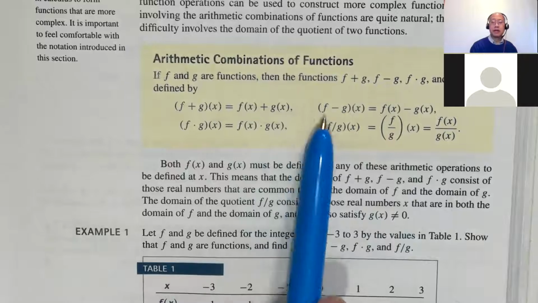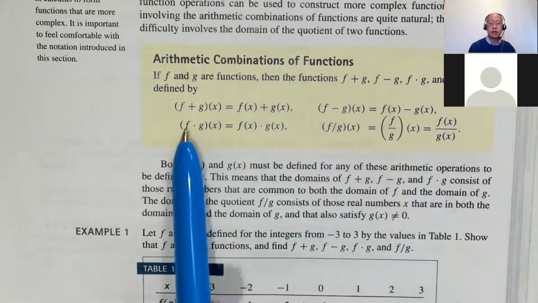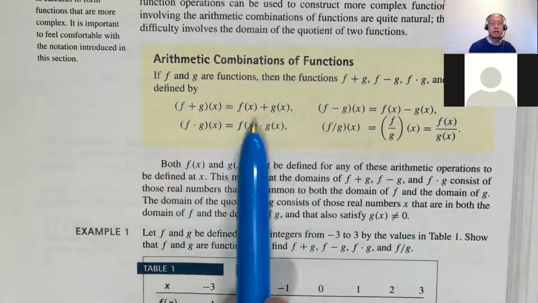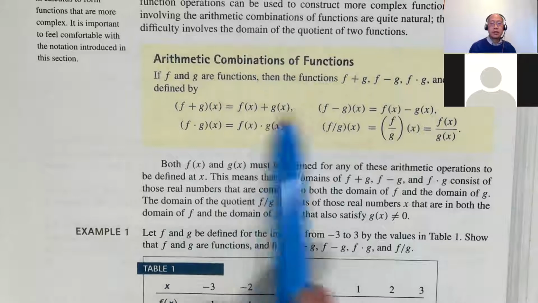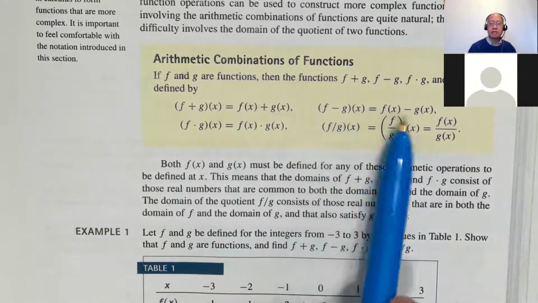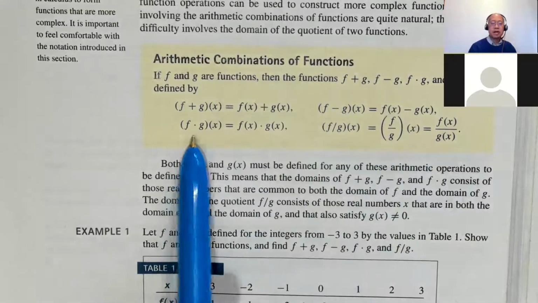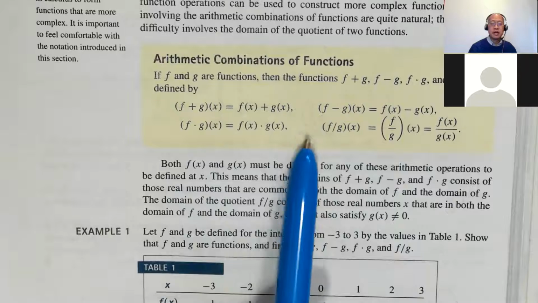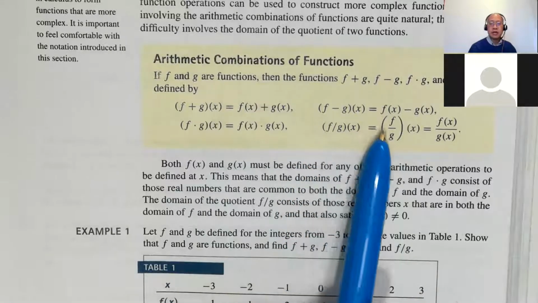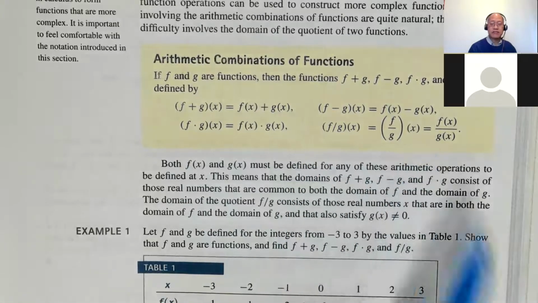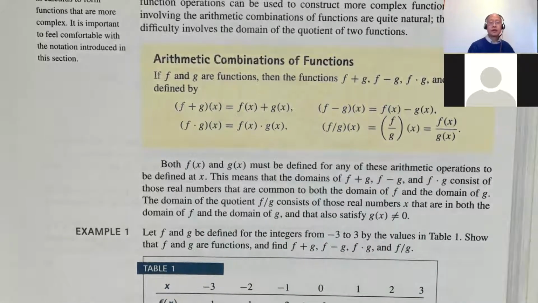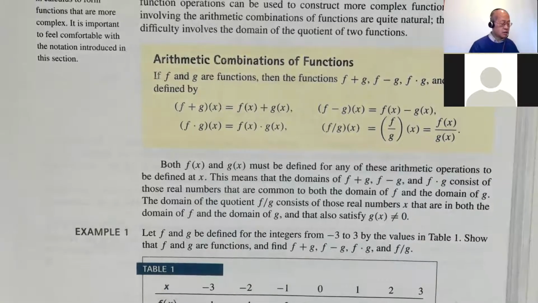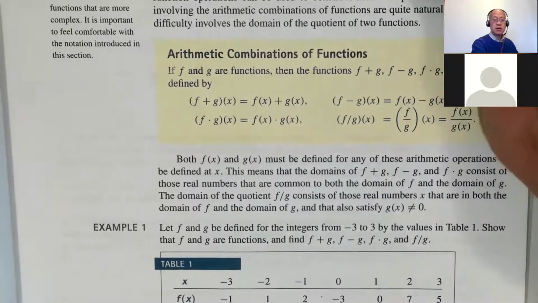It's just like adding, subtracting, multiplying, and dividing any other function. So f plus g means f of x plus g of x. F minus g, f of x minus g of x. F times g, f of x times g of x. F divided by g. You could write it like that too, f of x divided by g of x. Okay, so you're just putting functions together, as it were.